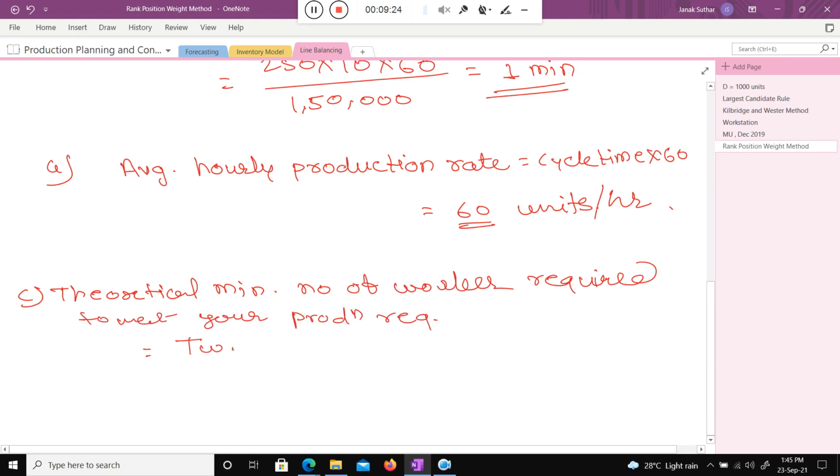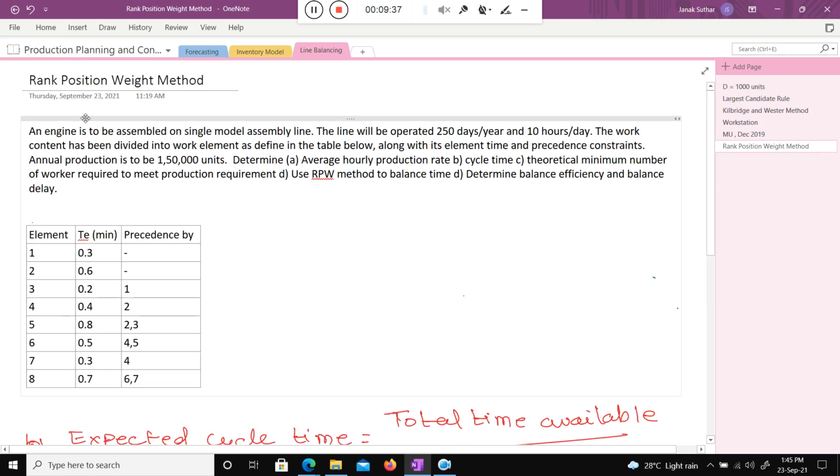The total number of workers required depends on the total work content, the entire work content. If I divide it by the cycle time, then you will get the idea of how many workers are needed. So what is the total work content time? Can you quickly calculate it, just the sum of all the work element times?